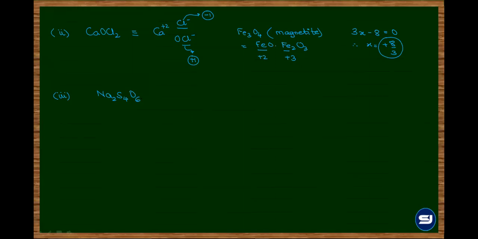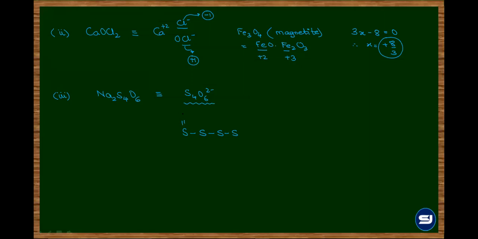Yes or no? If you remember its structure, I had talked about the anion S4O6 2 negative. It is given in the textbook also, and I have discussed this in redox. Don't remember? Okay. So the four sulfur atoms were bonded by single bonds in the center.